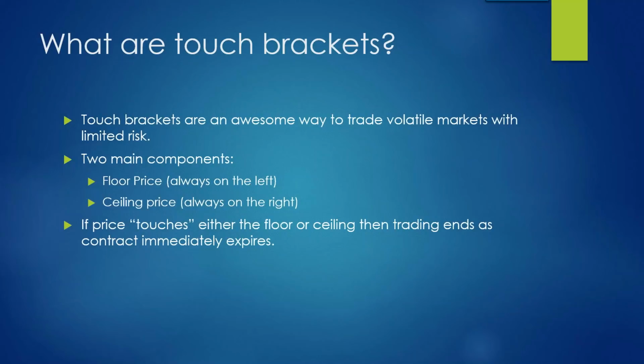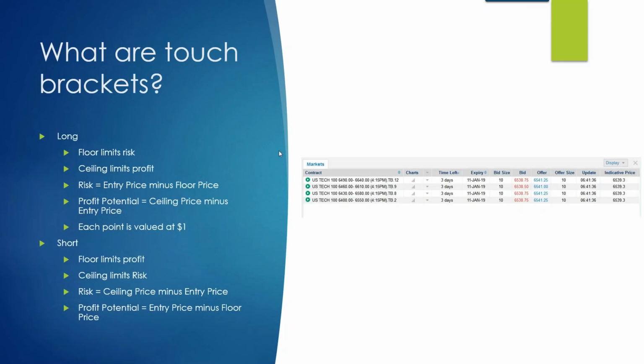If price touches either the floor or the ceiling, then the trading ends, okay? It's just as if the contract expired immediately. Although technically it does not expire, it's the same result. You're out of the trade, okay? That's my point. You will be out of the trade.